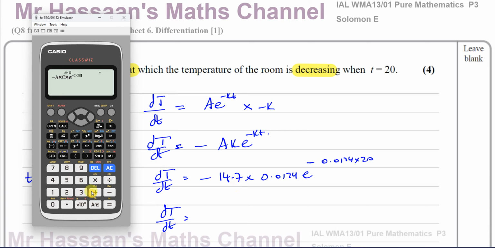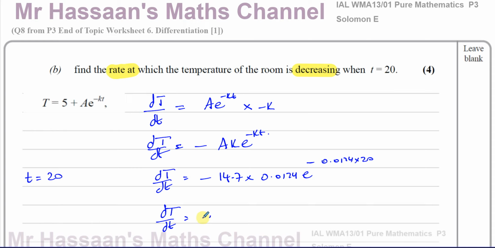That should give us negative 0.1422, it goes on. So we can say, therefore, the rate of decrease.